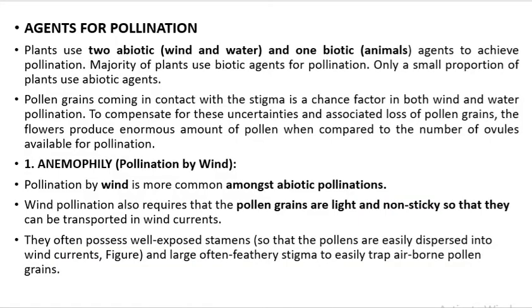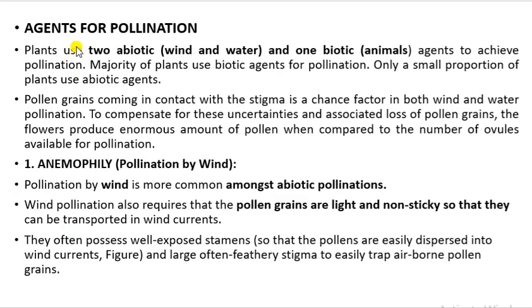Now, discussing the agents of pollination. Pollination requires agents that carry the pollen from the anther to the stigma of the flower. Carrying pollen from one part to another requires some agents.